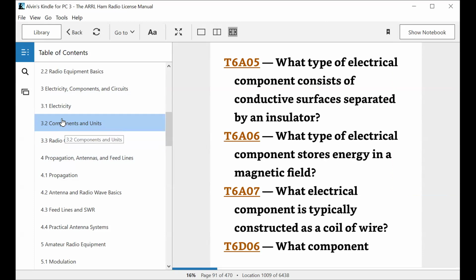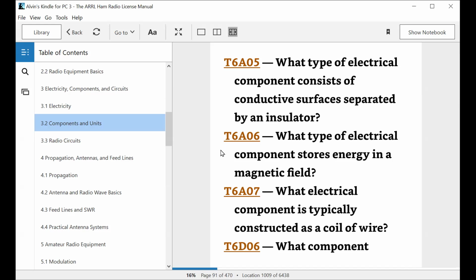All right, so we talked about the electrical components, conductive surfaces separated by an insulator. You can make your own capacitor by taking 2 sheets of tin foil or aluminum foil and a sheet of wax paper and wind it up tightly, and it will store electricity.